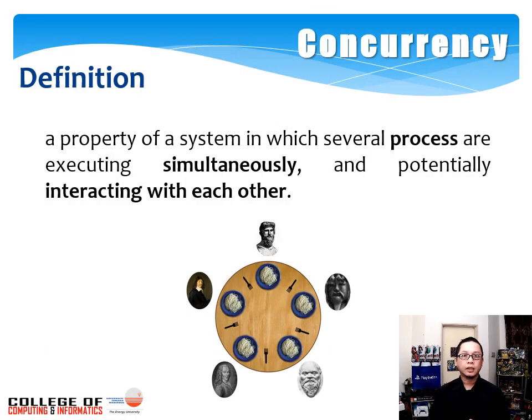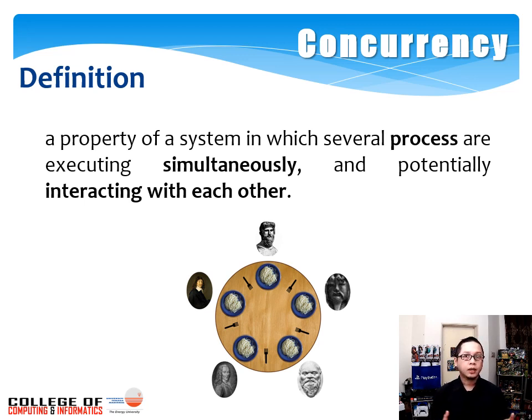From there, we look at the definition of concurrency. Basically, concurrency means that you have multiple processes executing simultaneously, and in this condition, they need to communicate and interact with one another. Interaction means that some process is doing one thing and another process is waiting for something, for example, and during that time, they need to communicate and interact in order for the processes and also the OS to understand what is going on, which process has finished, and which process is waiting for something.